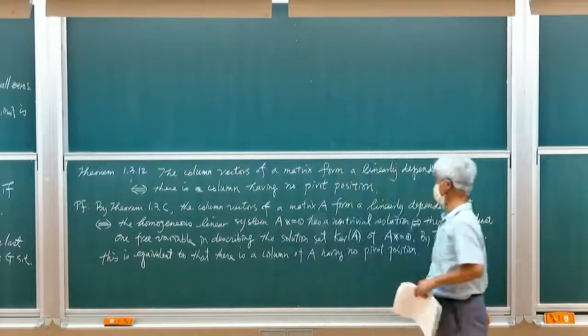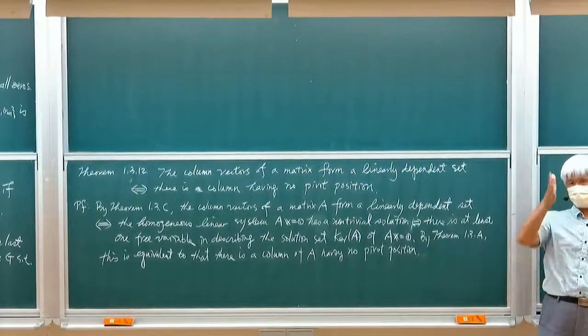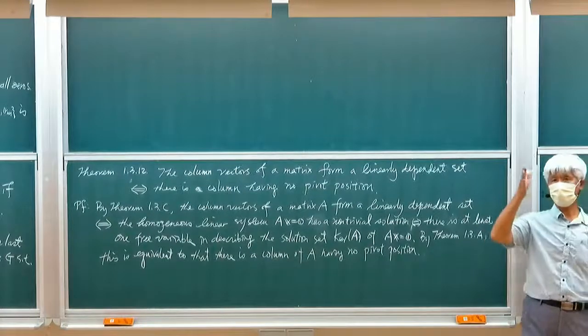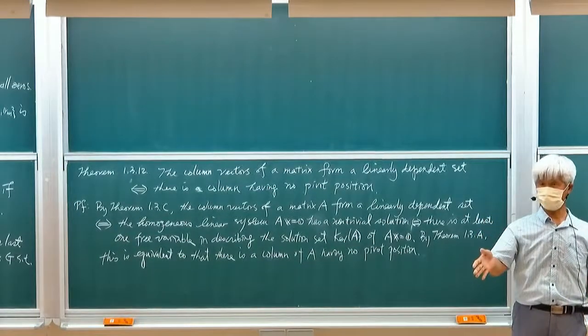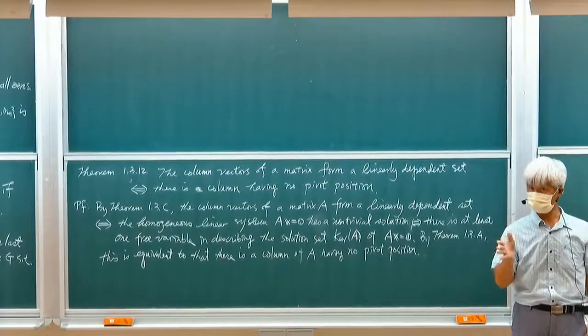Because if there is a column that has no pivot position, then in the reduced echelon form, that column has no pivot.